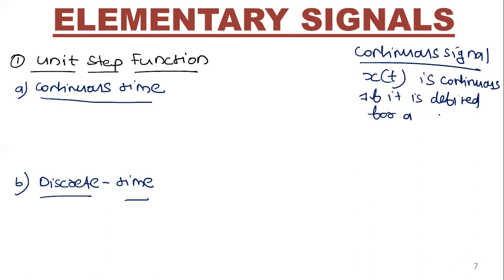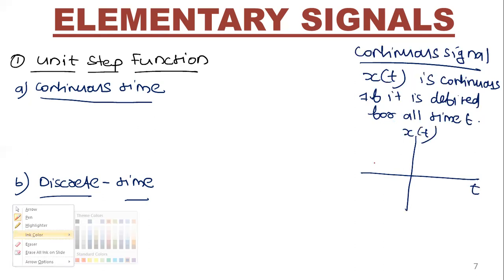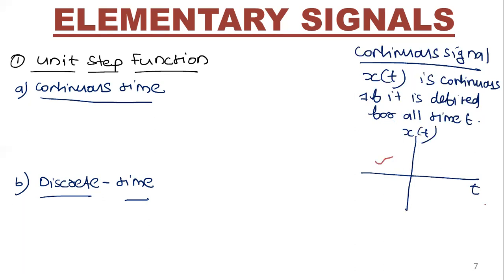Schematically you can represent it like this: if you have the axis, this is time t, and this is x of t, then a continuous signal x of t will be like this. Any point t you take, you know the value of x of t.